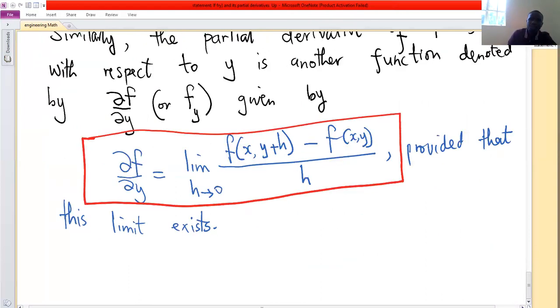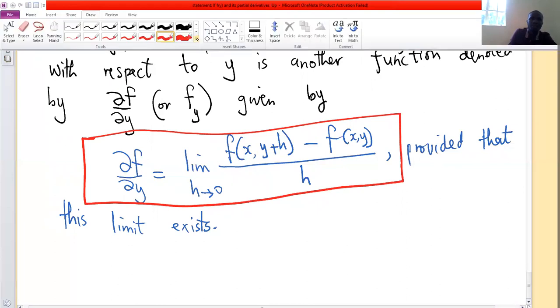Now, what we call partial differentiation is the process of finding these partial derivatives.